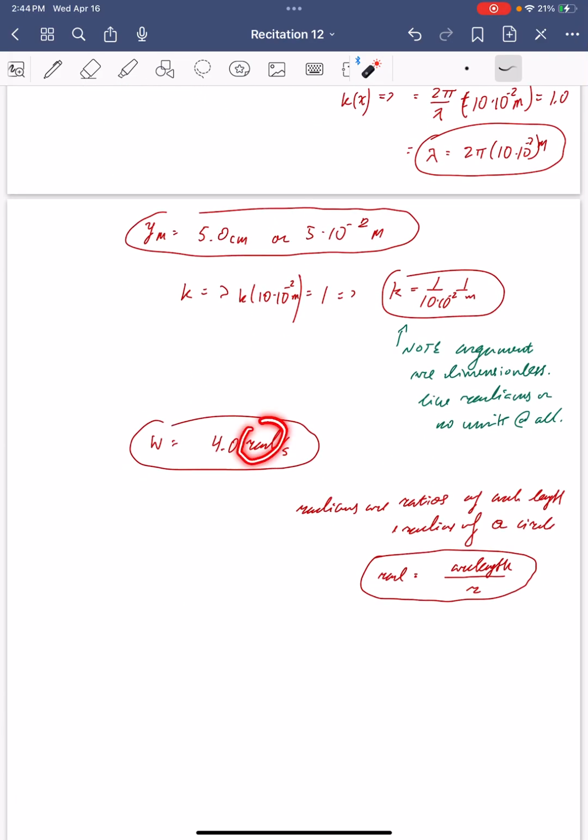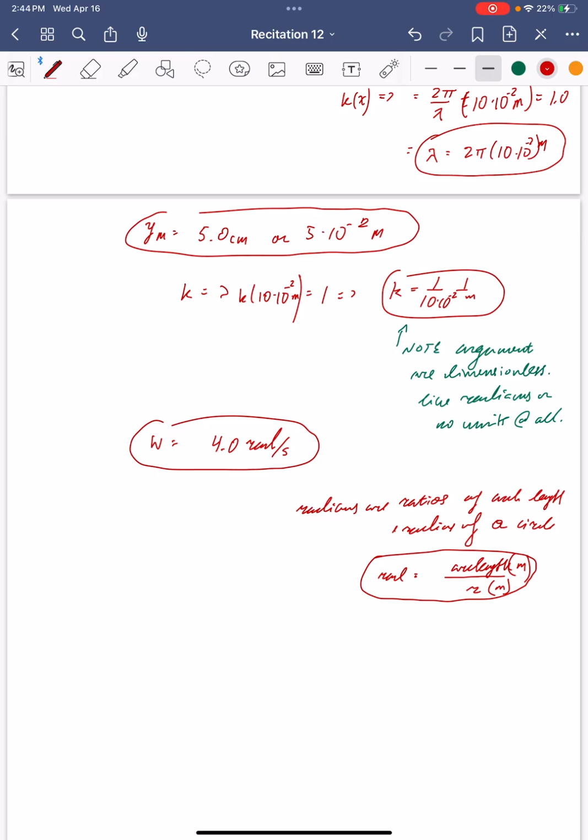But another thing to understand is that radians are dimensionless quantities themselves. The reason is that radians are ratios of arc length to the radius of a circle, which means that if we were using SI units, arc length would be in meters and radius would also be in meters. So at the end of the day, radians are completely dimensionless.